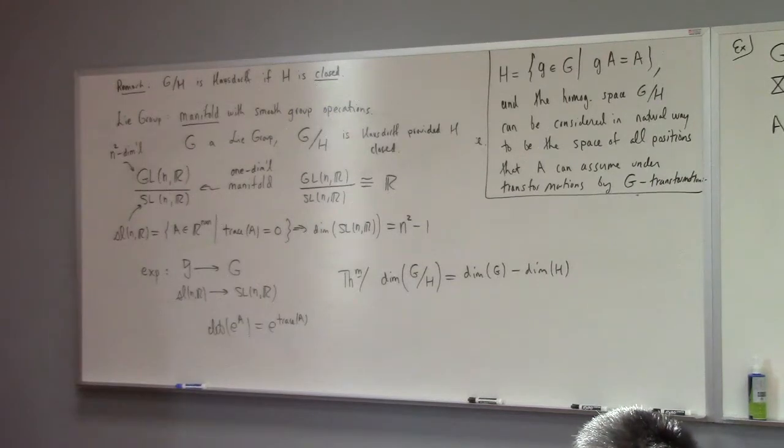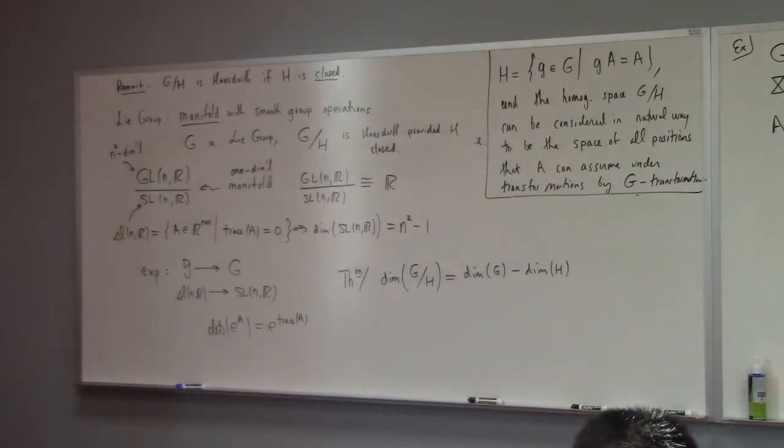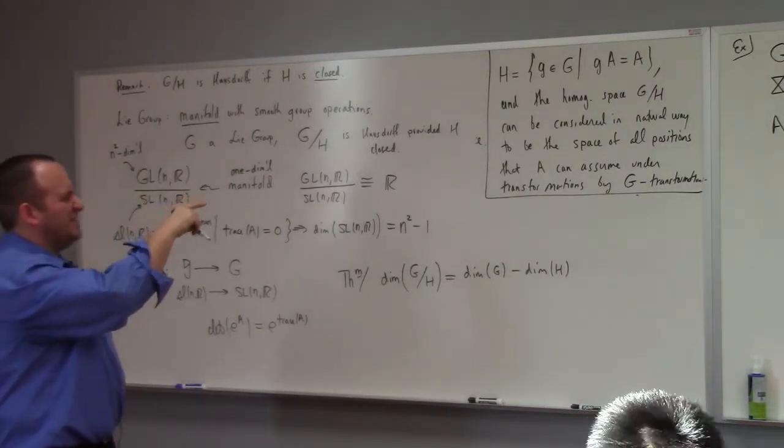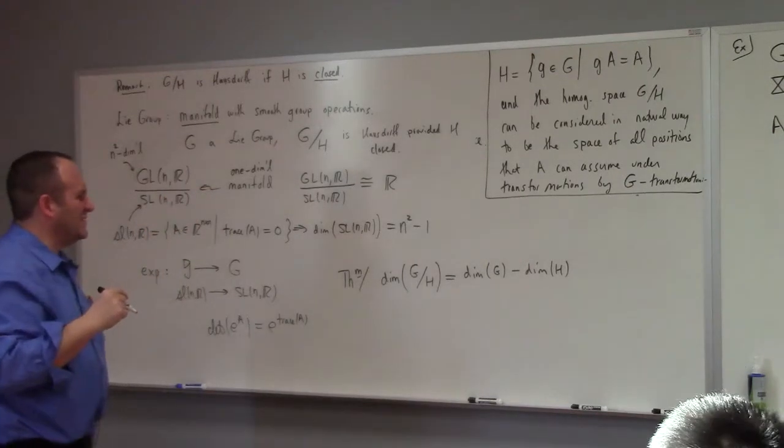And so if we go back to our discussion about homogeneous spaces and the paragraph of text I'm struggling to understand, does it make sense? If we think about SLNR and we think about moving it throughout GLNR, this would suggest that the homogeneous space can be considered in a natural way in the space of all positions that A can assume.